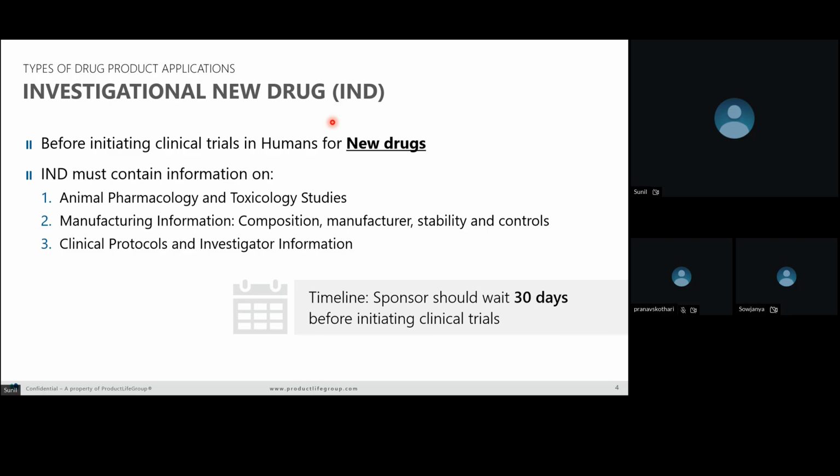So 8 to 10 years out of those 20 years of patent are gone during the trials and IND stage only. They are only left with 10 to 12 years of patent when they start commercializing. So the chronology that I explained is only for the newer drugs. For generic or biosimilar, it will not take so long.